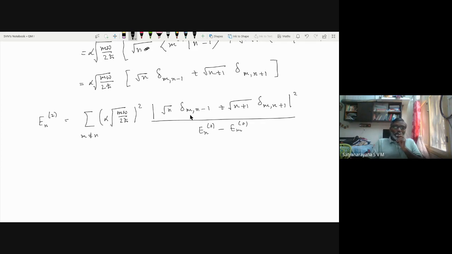So that is equal to alpha square into m omega by 2 h bar, which I can pull out of the summation, and then write the terms corresponding to m equal to n minus 1 and m equal to n plus 1.